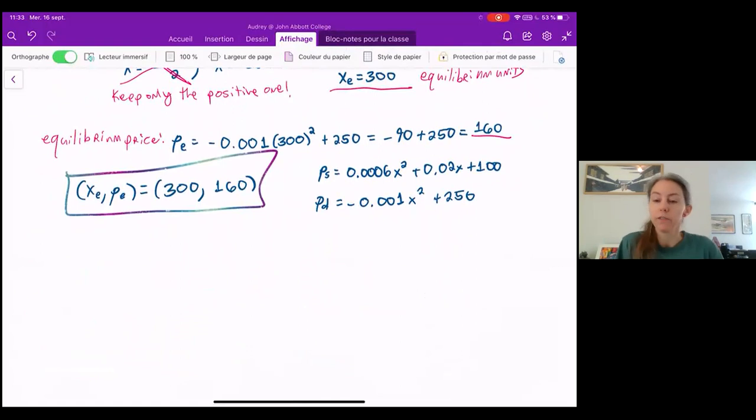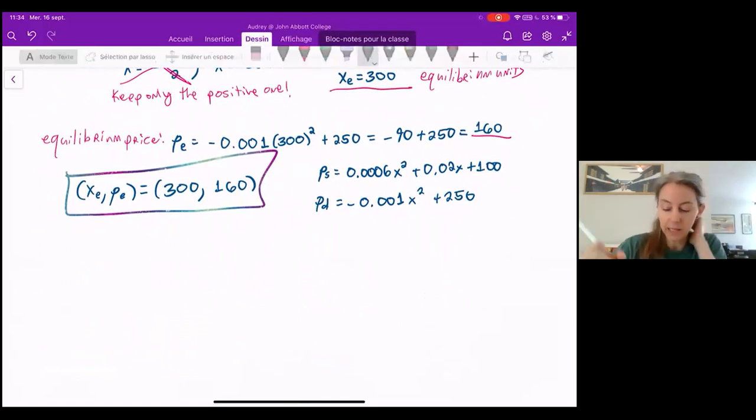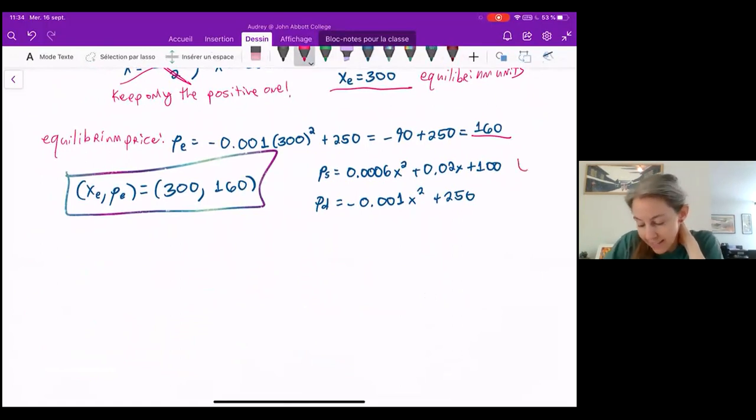In other words, I need to find what happens when x equals 0, because I need that left bound, and I have my equilibrium point, so I already know what the right bound's going to look like. I need to know the shape. These are both quadratic, they are both parabolas. The 0.0006 is positive, so that's a happy parabola. The negative 0.001x squared is negative, so that's a sad parabola.